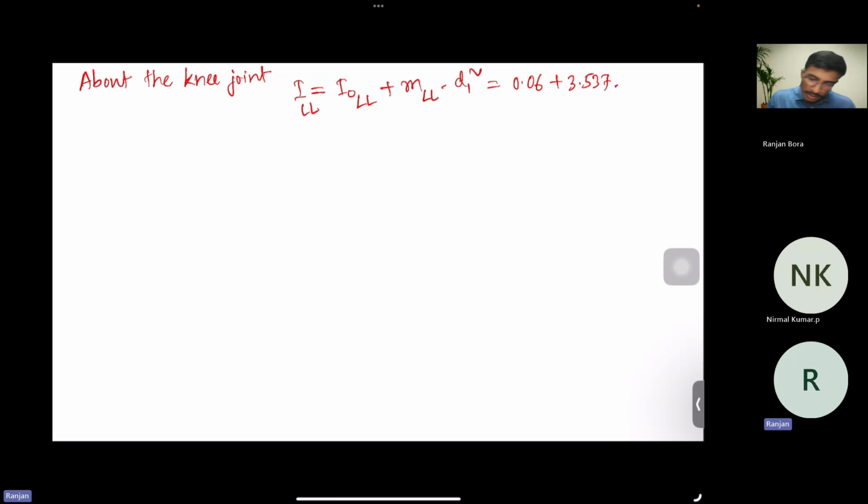So 3.537 times d1, which we got as 0.2 squared, in kg meter square.